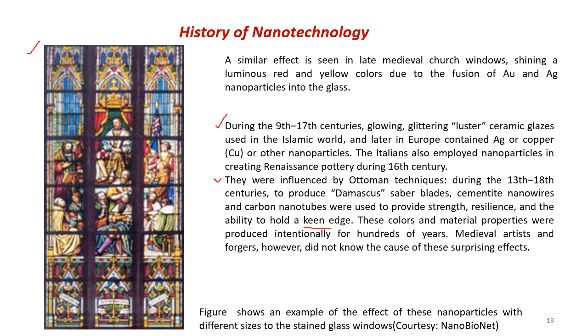The colors and material properties were produced intentionally for hundreds of years. However, these medieval artists and forgers did not know the cause of these surprising effects. Here is a figure showing the effect of different nanoparticles with different sizes in a stained glass window.